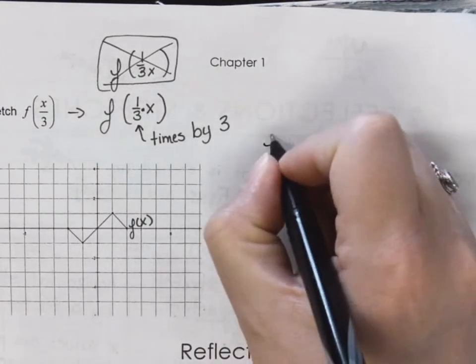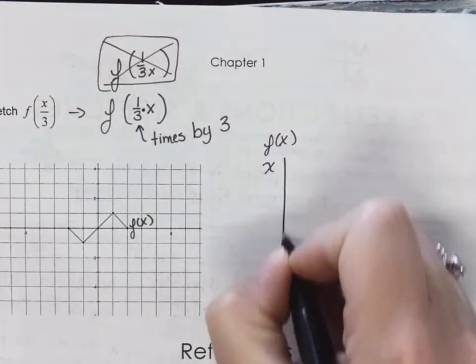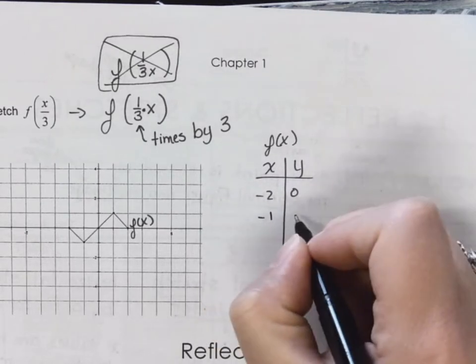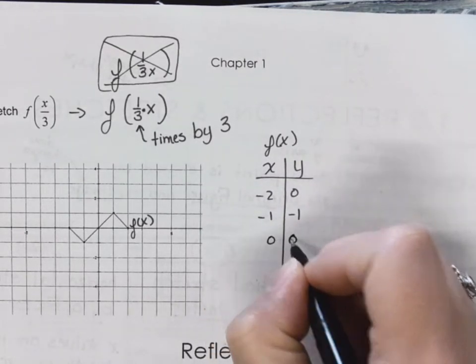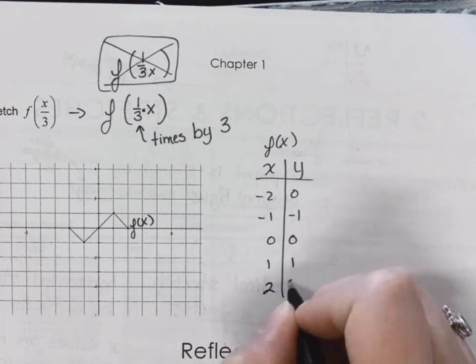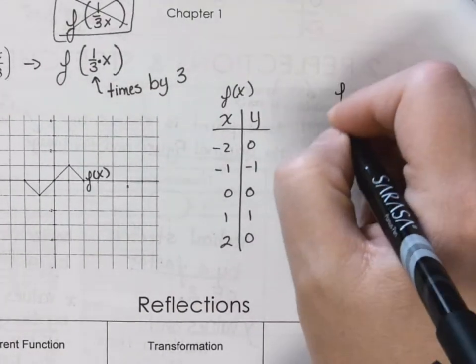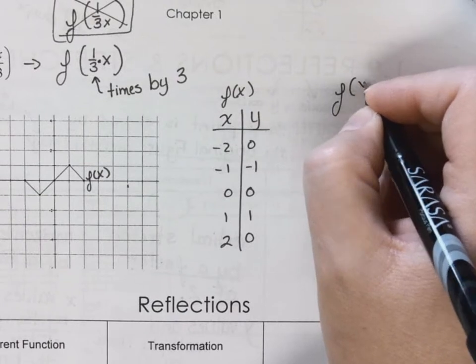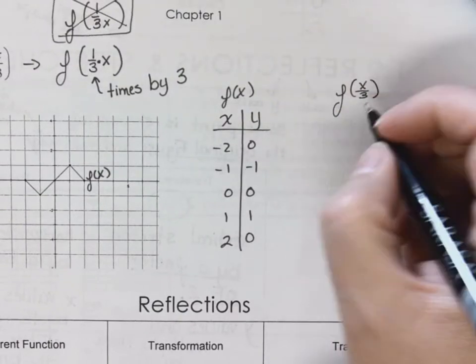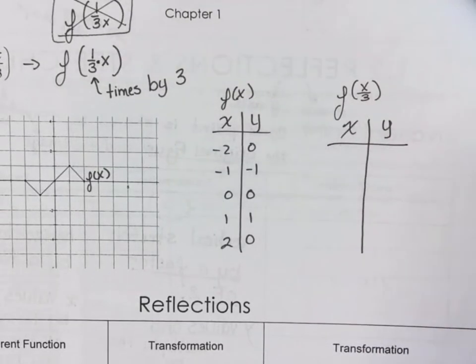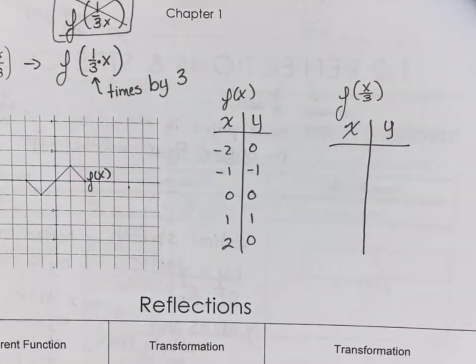So my original table of values, if I remember correctly from the last page, was -2 and 0, -1 and 0... 0 and 0, 1 and 0, and 2 and 0. Now when I do this one, it's my x values that I'm going to mess with, and that's going to result in a horizontal stretch.